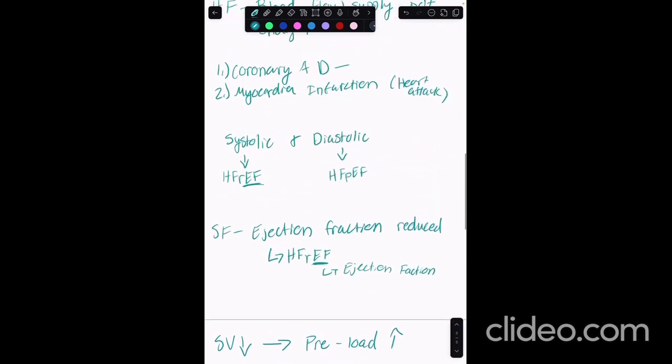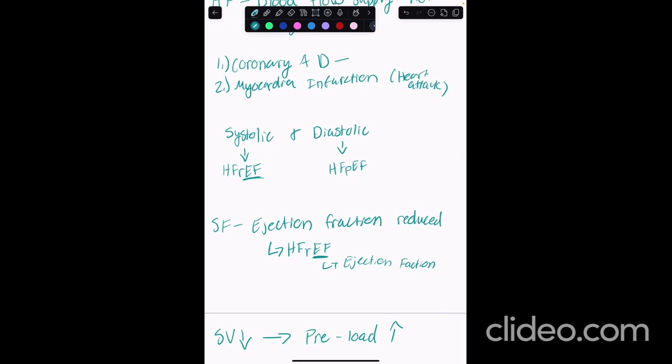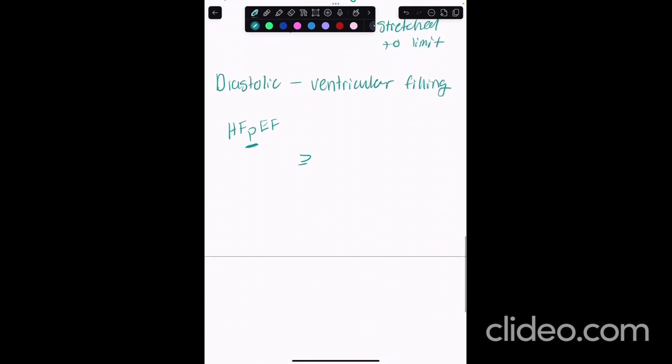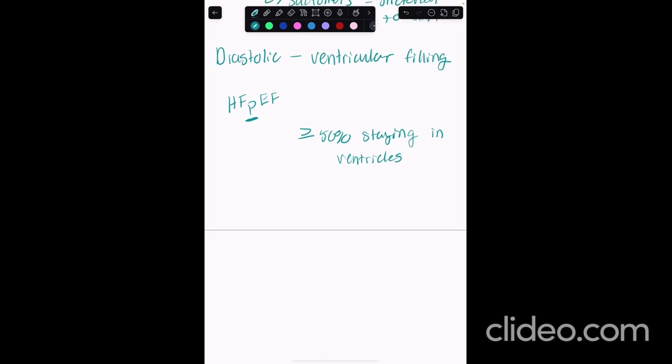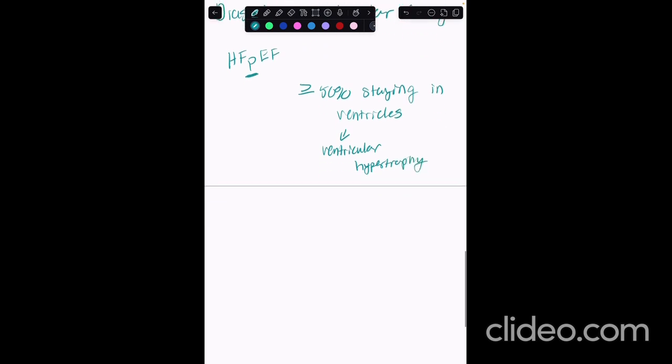Whereas in HFrEF you have an issue with the ejection fraction, in HFpEF you're getting 50% or more staying in the ventricles, which is causing ventricular hypertrophy because there is so much blood staying back in them, which can then lead to hypertension.